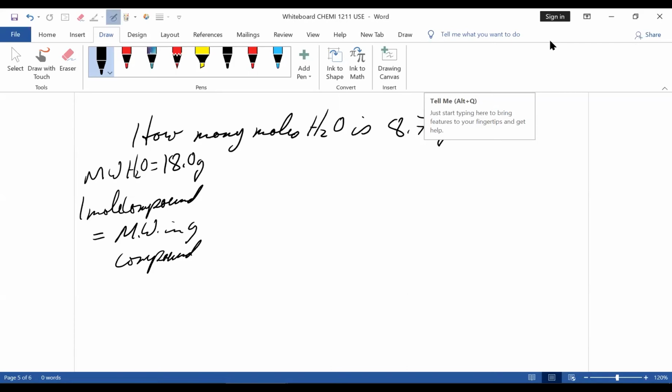Anyways, how many moles of water is this amount in grams? The molecular weight of water, and by the way, thank you, Suela, for letting me know, equals 18.0 grams, but you should know how to calculate that. And important information for test number 2, you'll be given 1 mole of a compound equals the molecular weight in grams of the compound.